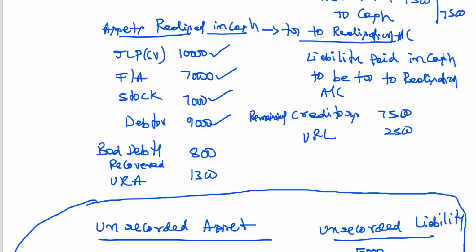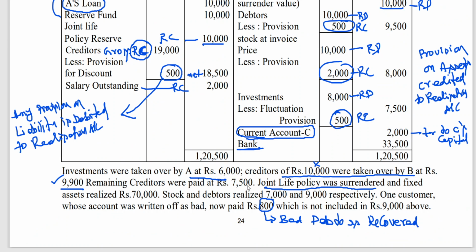Okay, now coming back to this. Salaries outstanding is there. We don't have any information on salaries outstanding. Please remember, whenever you have a liability which is to be paid to outsiders, whether information is given in the problem or not, straight away we need to pay. Without paying outstanding liability, how can you proceed? How can you make payment to partners? How can you close the accounts?